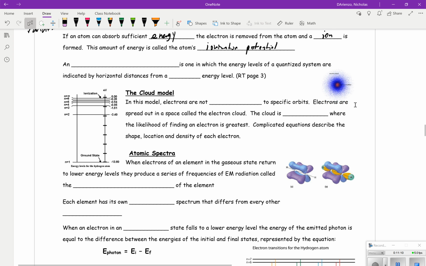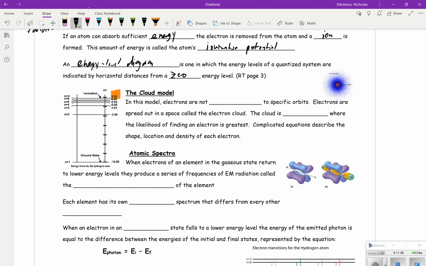Now, the energy level diagram, which we see below, is one in which the energy levels of a quantized system, in this case the energy levels for a hydrogen atom, are indicated by horizontal distances from a 0 energy level. And that is right on top there.